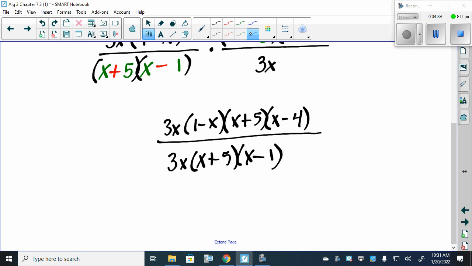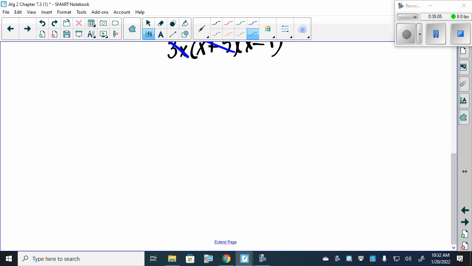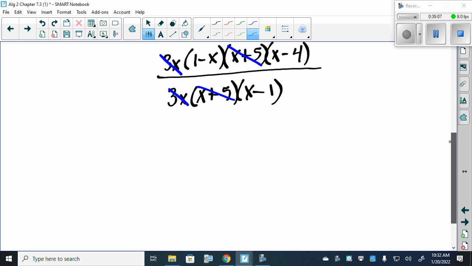So what do we have in common on top and bottom? The x plus 5 and the 3x and 3x, yes? Is there anything else? Right, the x minus 1 and 1 minus x are very similar to each other, yes?